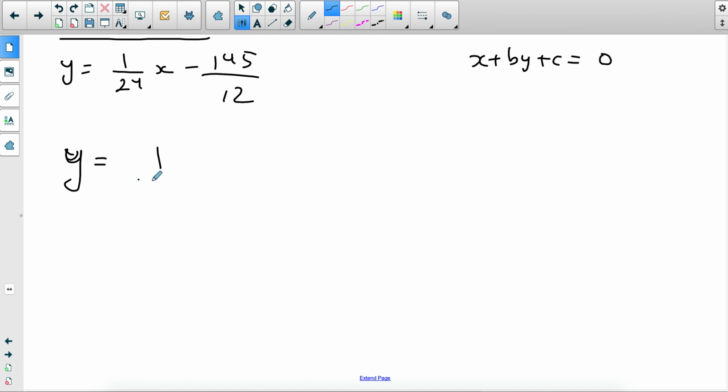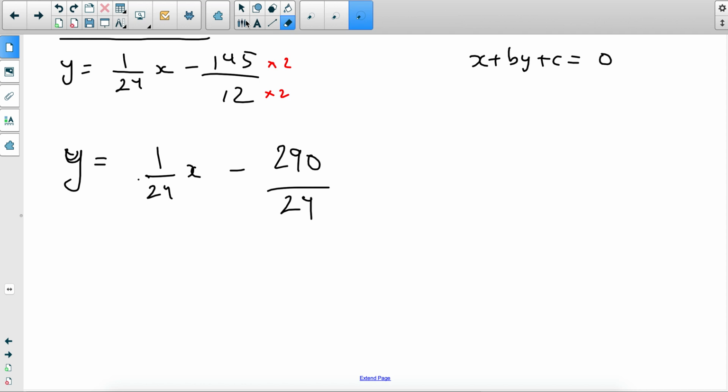So you get 1 over 24 x, and then you're going to multiply this fraction by 2 because it's going to change the denominator to 24. So you end up with negative 290 over 24. And I can simplify this into one fraction.